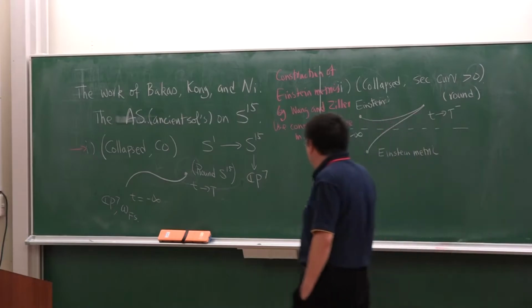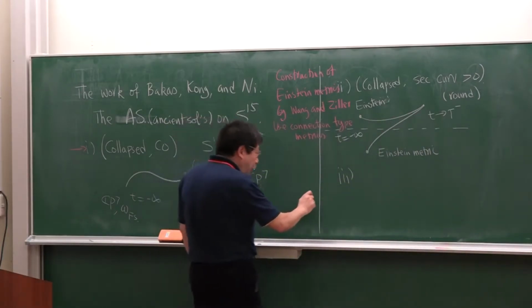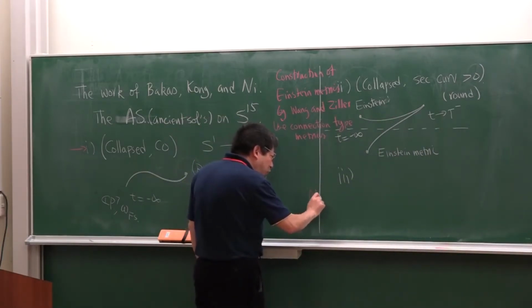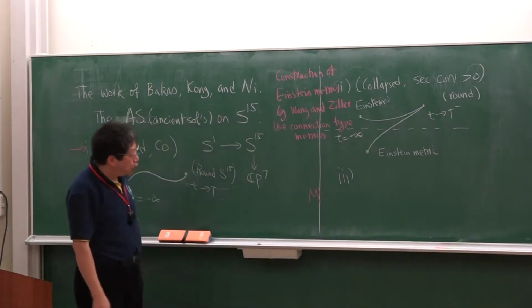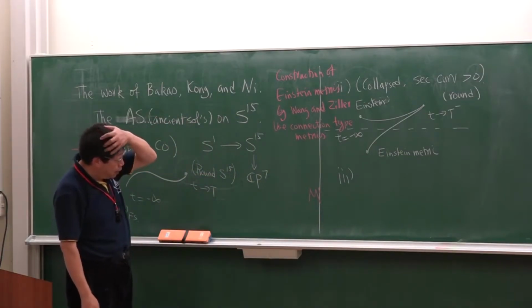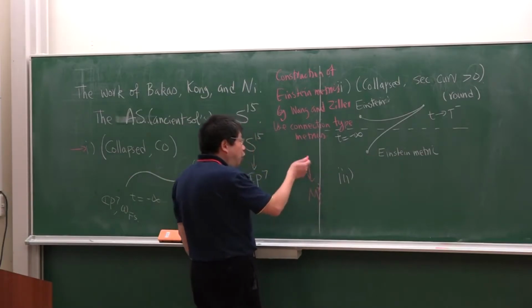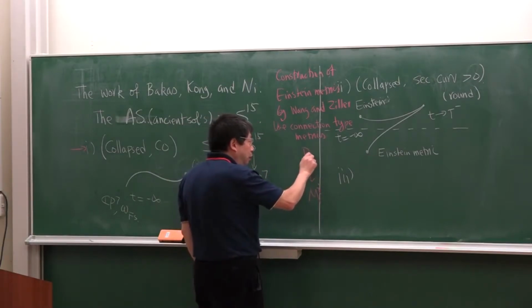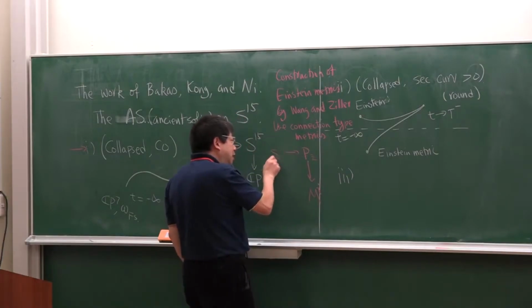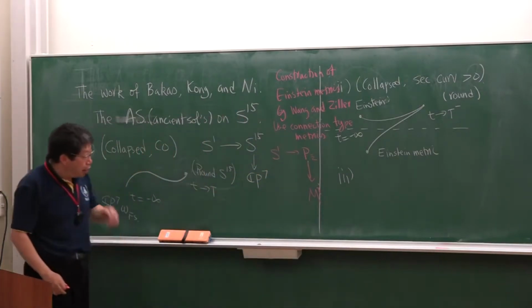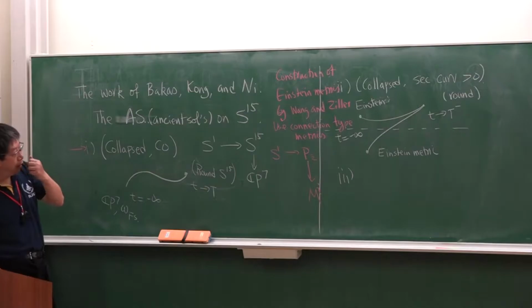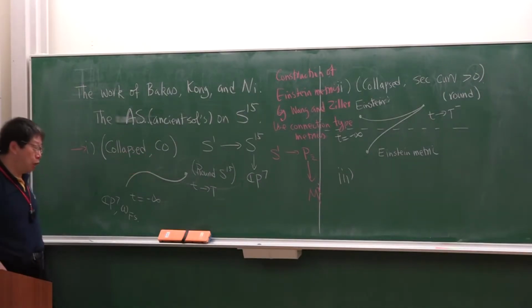So what we did is, for each Kähler-Einstein manifold with positive scalar curvature, you can use this canonical line bundle to construct these S1 bundles.